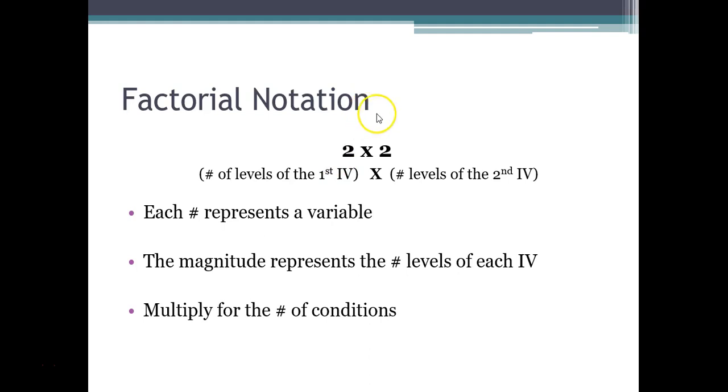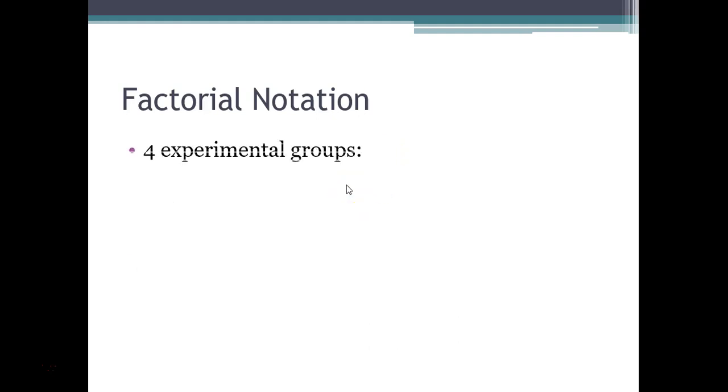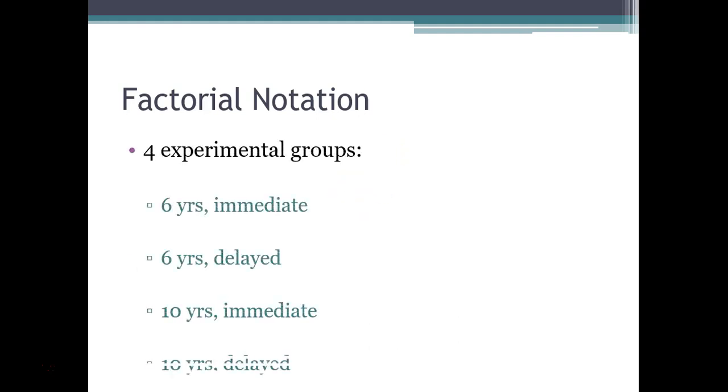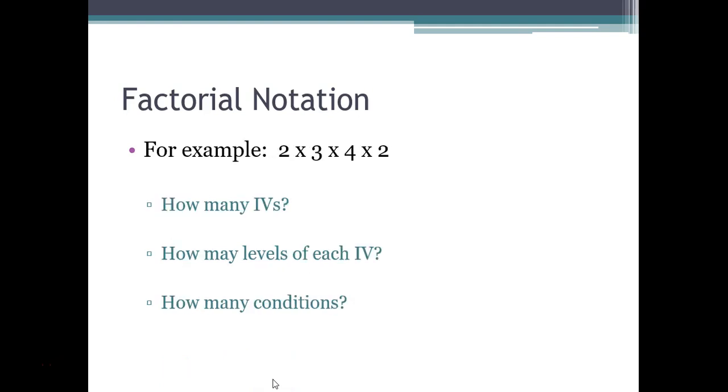And then you multiply these two numbers together to get the total number of conditions or groups. So in this case, how many conditions do we have? We have 2 times 2. We have 4 different groups. And that makes sense. We've got 6-year-olds taking the immediate memory test, 6-year-olds taking the delayed recall test, 10-year-olds taking the immediate recall, and 10-year-olds taking the delayed recall test.